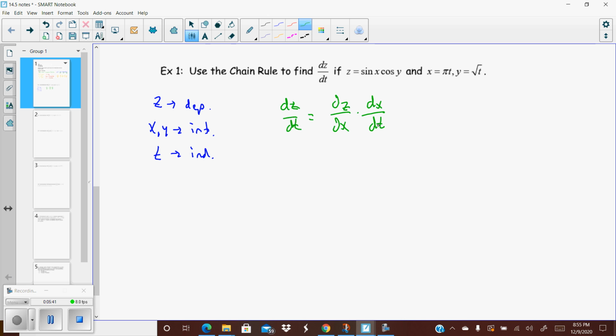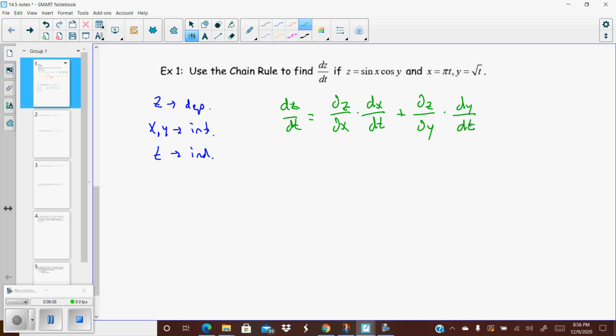Notice the difference in the d's there. But z is also dependent upon y, which is also dependent upon t. So it's a partial of z, because it's the other part of z, which is the partial of z with respect to y, times, and y is only dependent upon one variable, so it is a full derivative of y with respect to t.